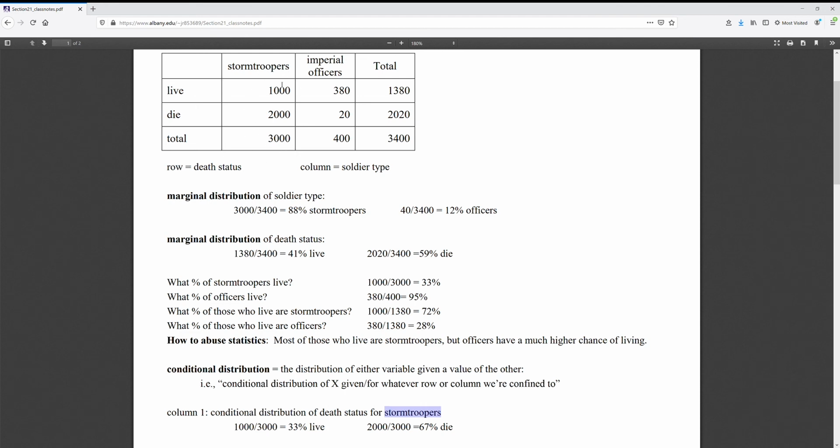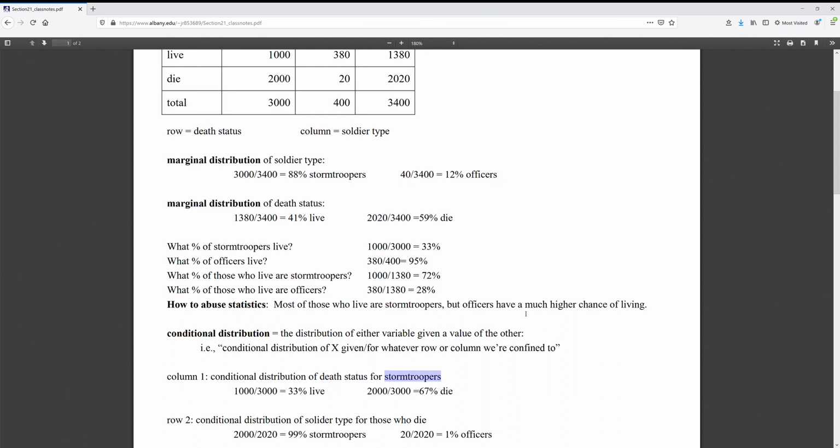We're given that you're a stormtrooper. 1,000 divided by 3,000 is the proportion who live. 2,000 divided by 3,000 is the proportion who die. So a third of them, 33% live. 2/3, 66.6 repeating, 67% die. That's the conditional distribution of death status for stormtroopers. And so on and so on.